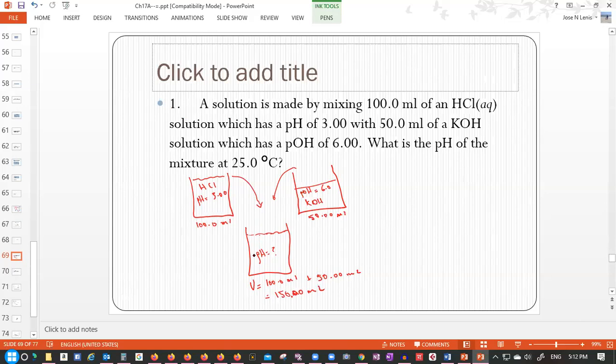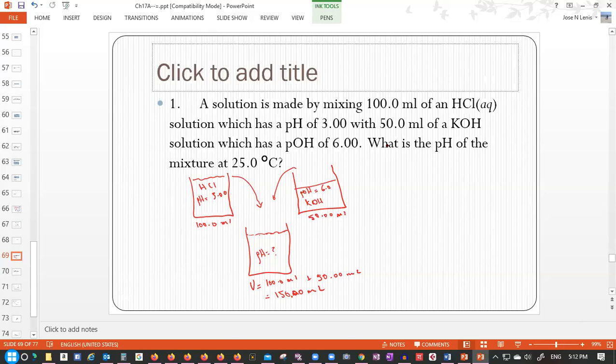But we need to find the pH. So what's going to happen here? You are adding acid and base. It's going to be acid-base neutralization. At some point, one of these is going to neutralize the other. Exactly.